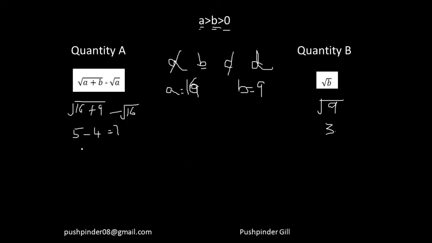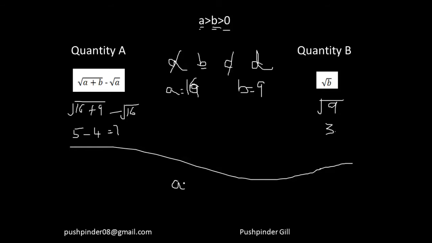Now I'm left between B and D. Let me pick up another set of values. Let's say that now I have to make quantity A greater than quantity B, with root of A plus B. Let me pick another set of Pythagorean triplets so that my life is easy.